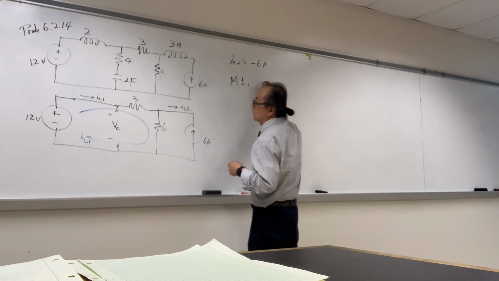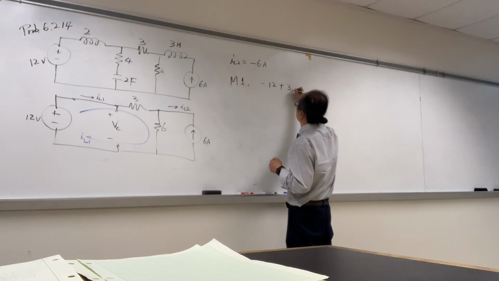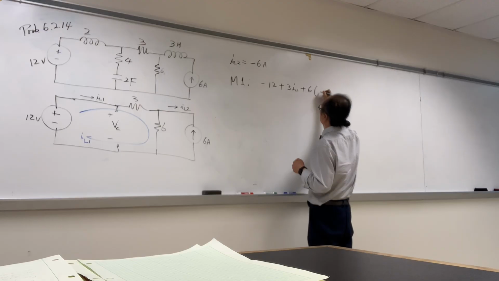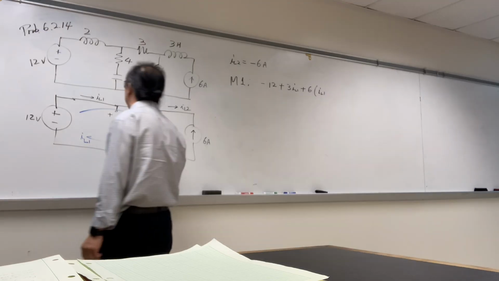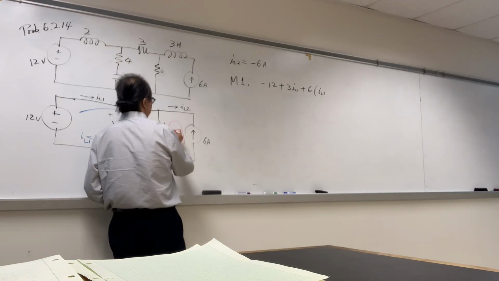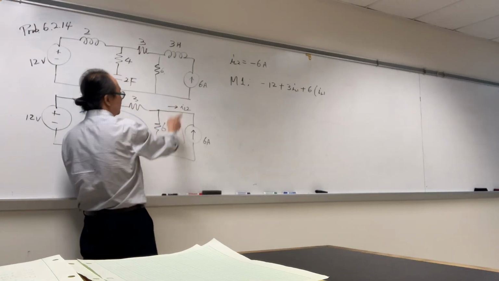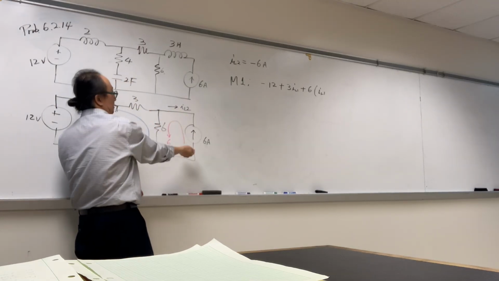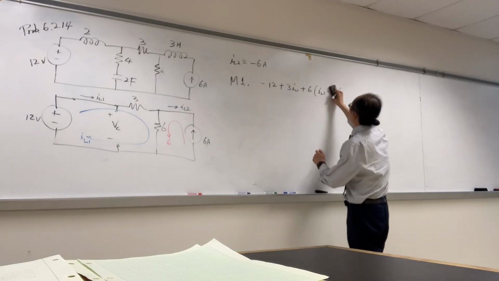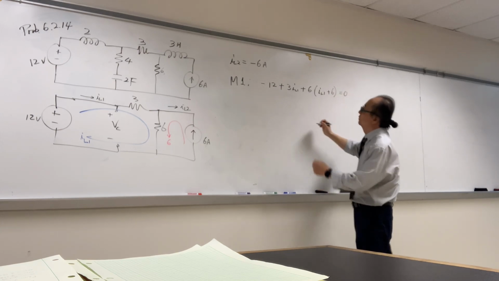Mesh 1, we have negative 12 plus 3 times IL1 plus 6 times IL1, and the current in this loop is in that direction as a 6, right? IL2 is a negative 6, but I'm just using this current. Therefore, IL1 is in the same direction going downward, so it should be plus 6 equals 0.